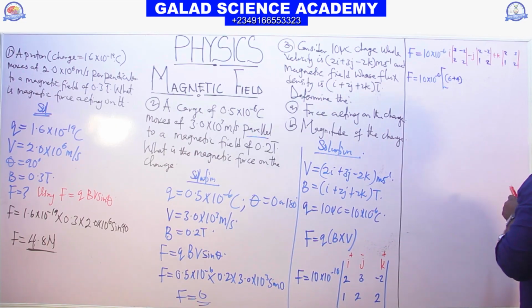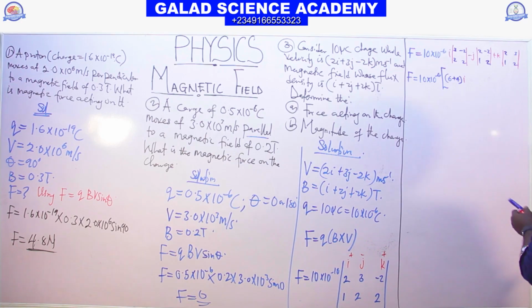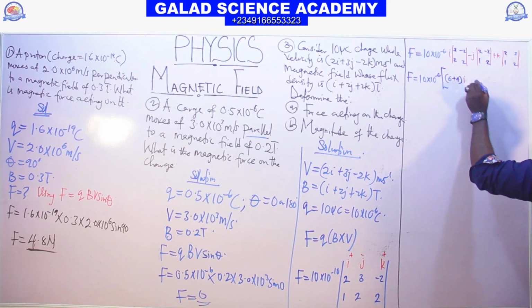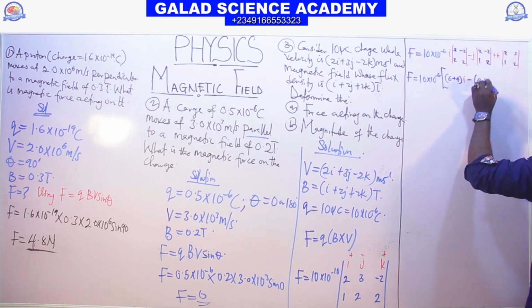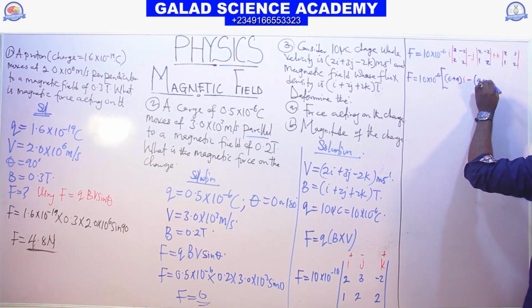Here we have i. Then minus j: 2 times 2 is 4, minus times minus 2, plus 2.